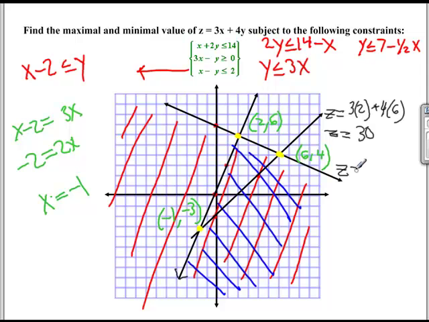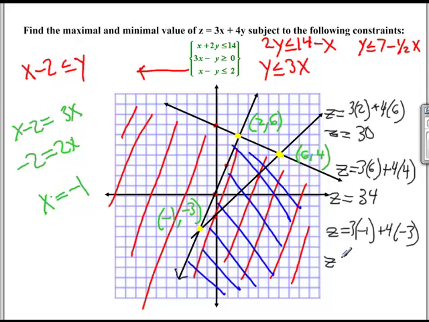Our second point, z is equal to 3 times 6 plus 4 times 4, and we find z is equal to 18 plus 16, which is 34. And our last point is (-1, -3), so that's 3 times negative 1 plus 4 times negative 3. z is equal to negative 3 minus 12, which is negative 15.